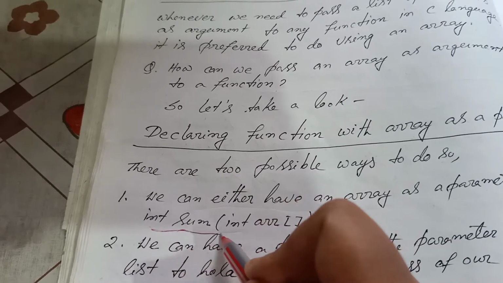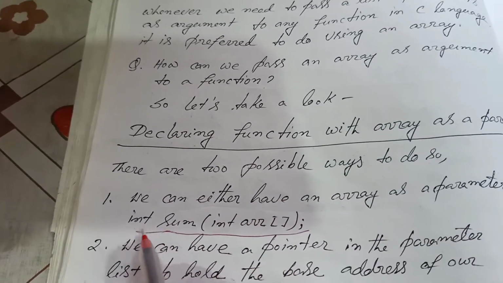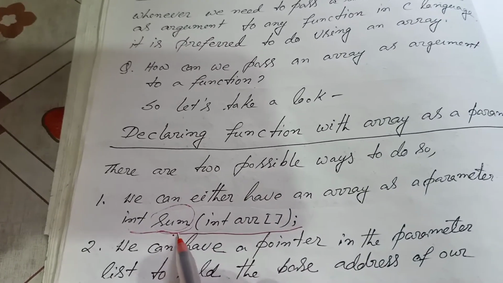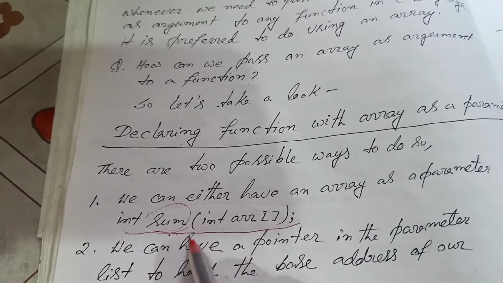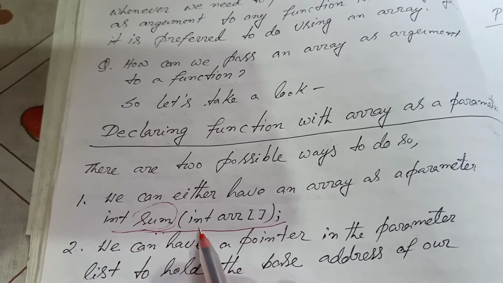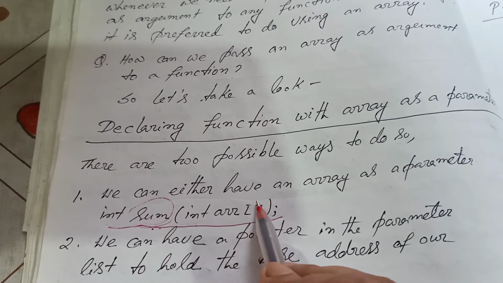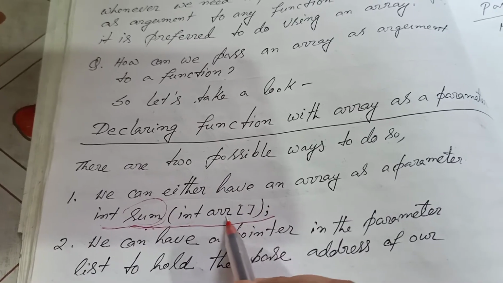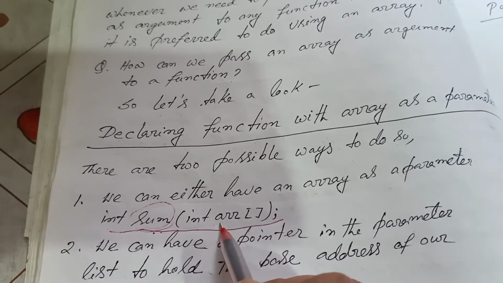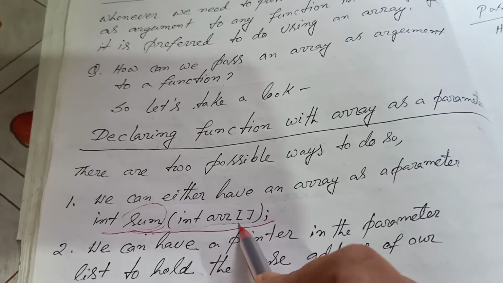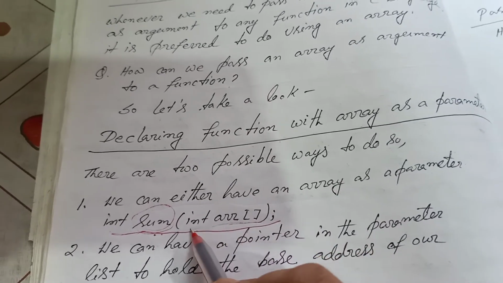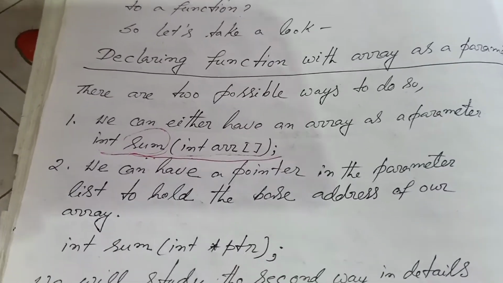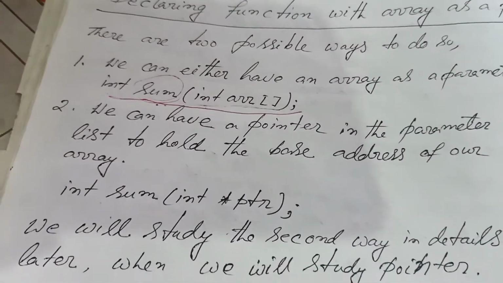We must write in this format: int sum, where sum is the user defined function name, and within the brackets int arr[]. By using the third bracket, the size is not mentioned. Still, arr is the array name with the data type int. This is the first possible way.